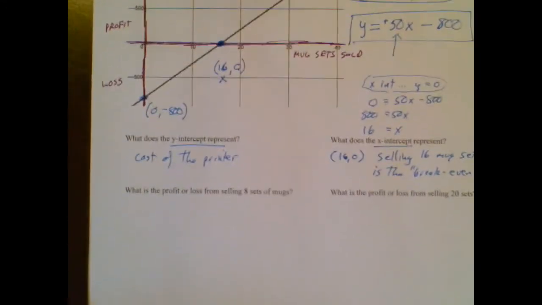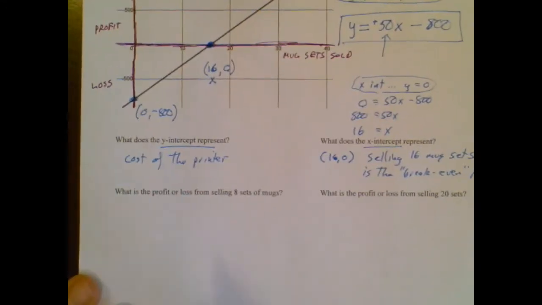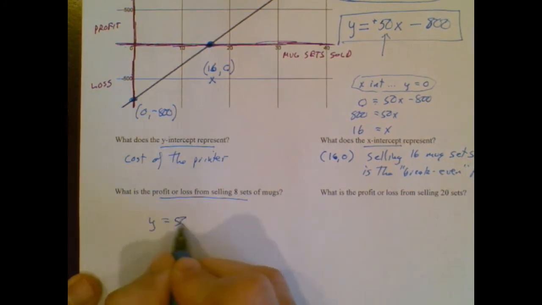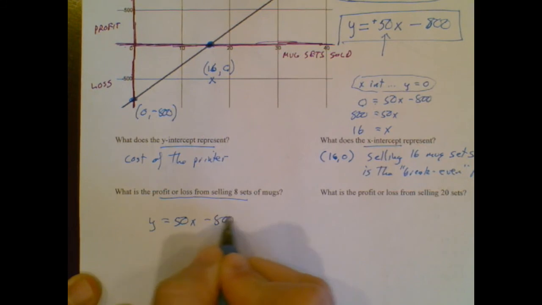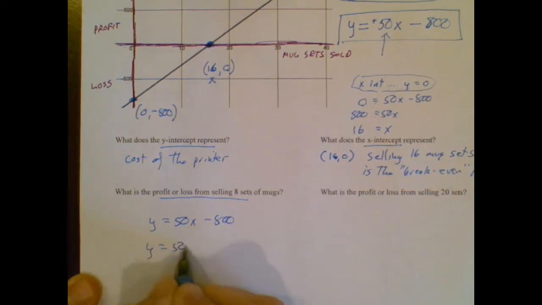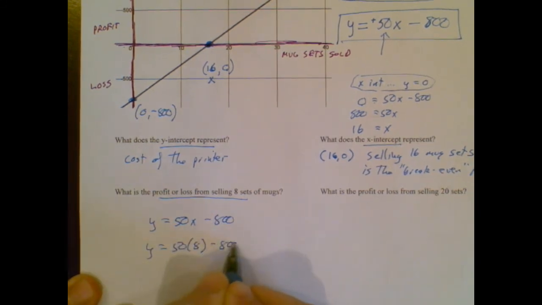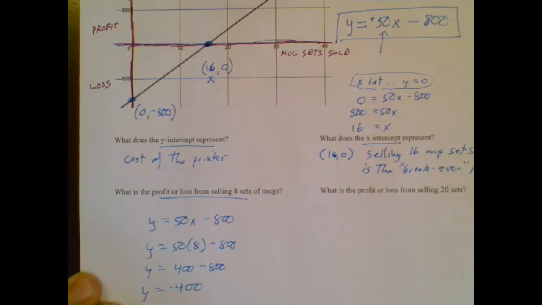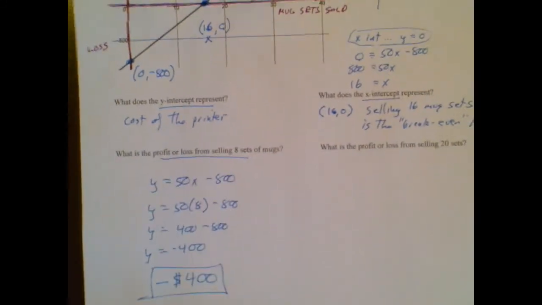All right, and then finally, if I want to get the profit or loss from selling 8 mugs, I can take this equation and say, hey, I'm interested in selling 8 mugs, and I'm just working out the math by plugging in, and I get a negative 400. So that's a $400 loss if I sell 8 sets of mugs.